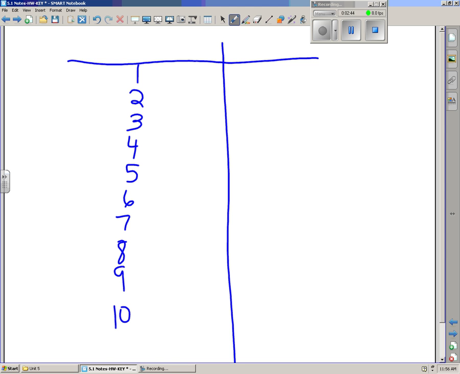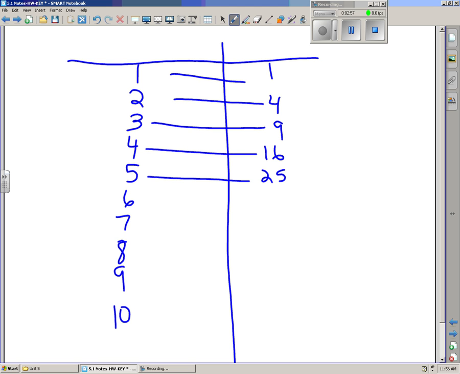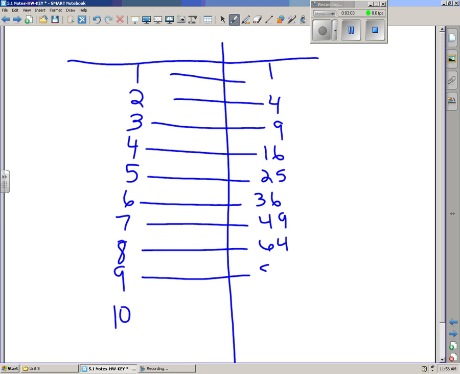We'll stop at 10. These are all your counting numbers. If you squared all these counting numbers, then you'd be looking at 1, 4, 9, 16, 25, 36, 49, 64, 81, 100.